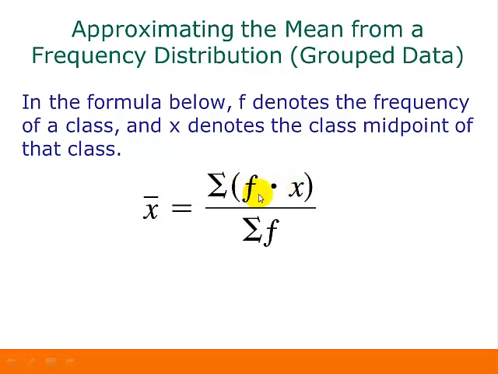The F in this formula stands for frequency, and the X actually stands for the class midpoint. Again, we're using class midpoints to estimate our data values. So what this is telling us is for each class to take the frequency times the class midpoint, add up all those values, and divide that total by the total frequencies.